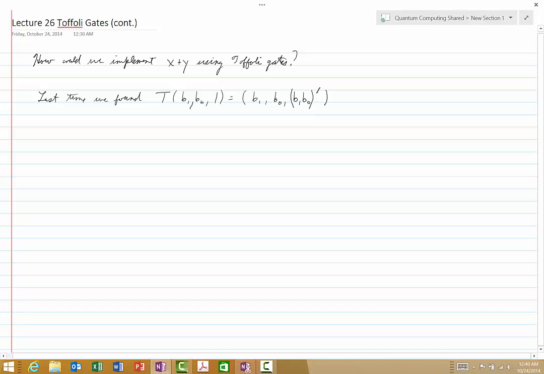Then the final bit of the outcome will be the NAND of the two Boolean variables that we have. So now that we have a NAND gate, how does that help us? So we can NAND B1 and B0.